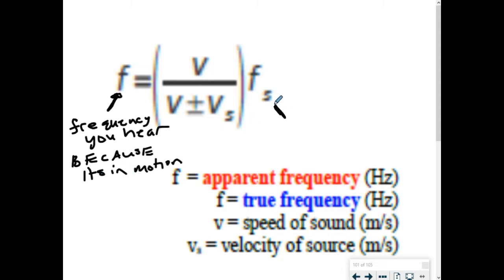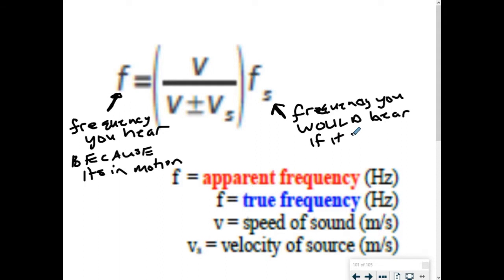Whereas this F over here is the frequency you would hear if it was stationary.